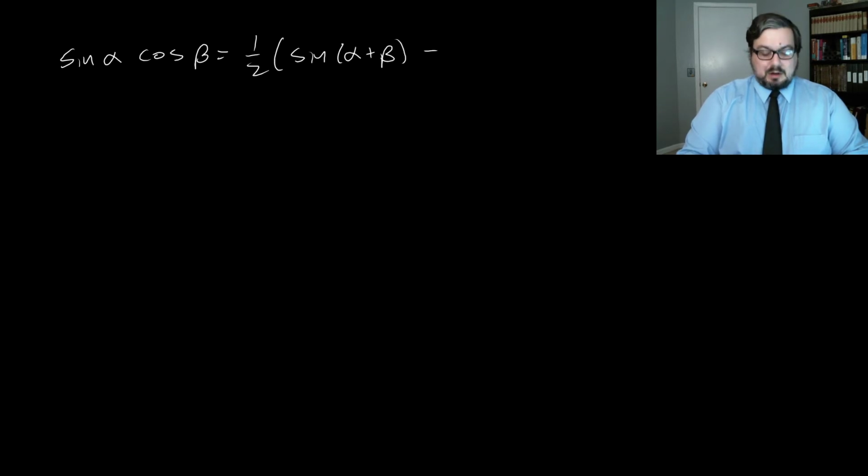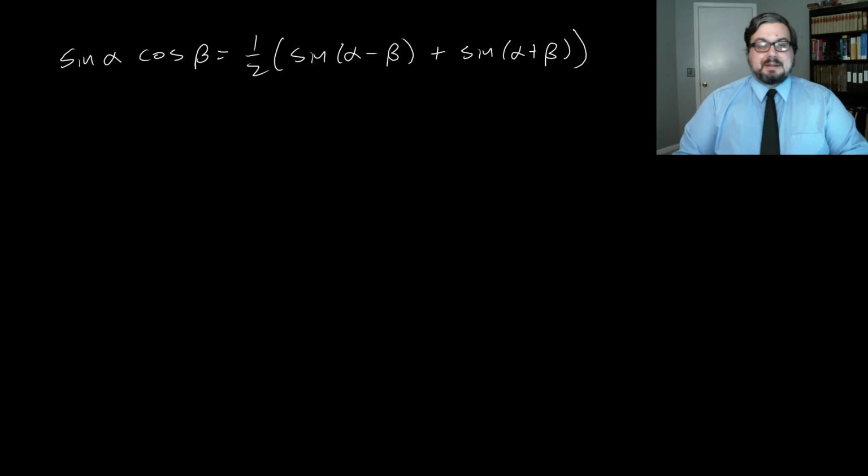So we have the formula sine alpha cosine beta is equal to 1/2 times sine of alpha minus beta plus sine of alpha plus beta. And this is our formula.